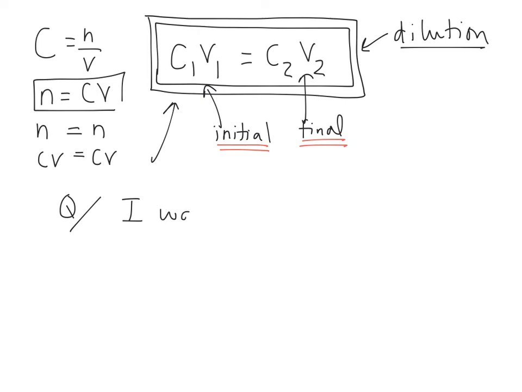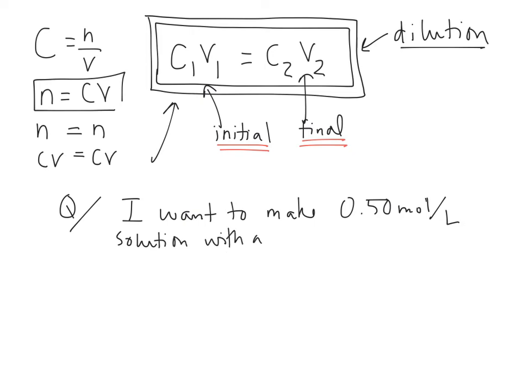I want to make, let's say, a 0.50 moles per liter solution with a volume of, say, 2 liters, from a 5 mole per liter solution.